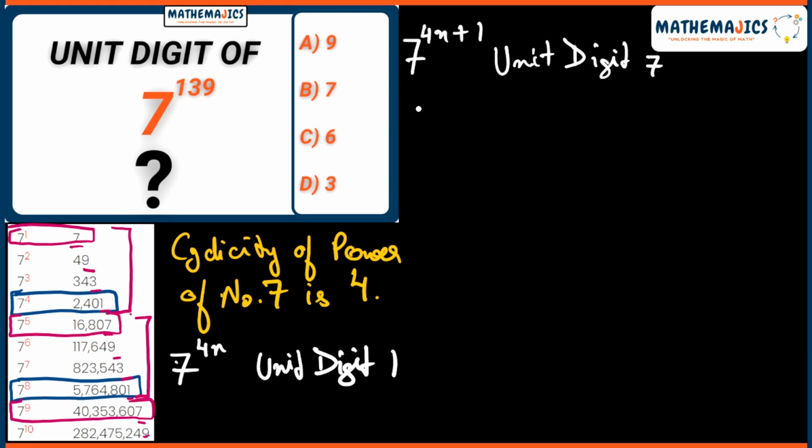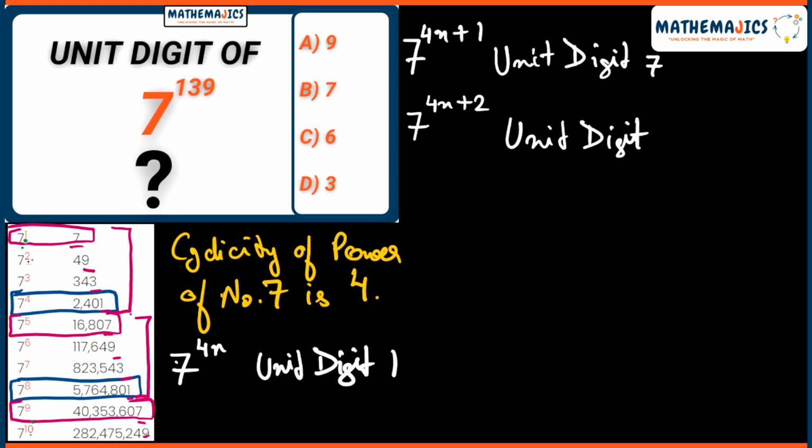Next, 7 raised to power 4n plus 2. In this case, what is the unit digit? This means the power is not a multiple of 4 and leaves remainder 2. Let me use a different color, green this time. Please look at the left box where I've written all the powers of 7.